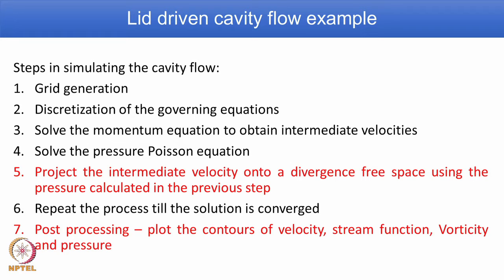This step is otherwise also called the correction step. Then you repeat this process until the solution has reached the convergence condition. Once you obtain the velocity field, you do post processing to get different information about the flow.